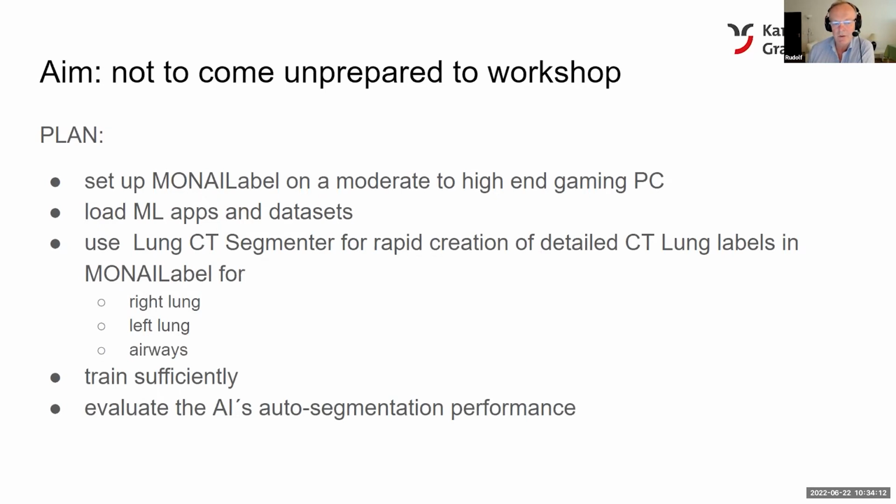I wanted to load some apps and lung data sets, and use the lung CT segmenter to create detailed lung labels for the right lung, left lung, and airways. We wanted to do the training process and evaluate whether it works right in this context.